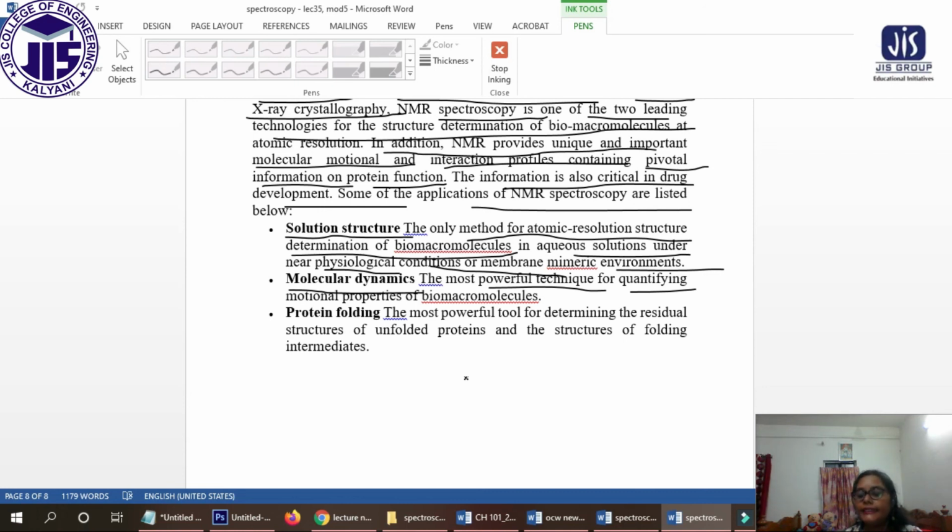Actually this is the region where we get the spectra for all the functional groups. Also you can have questions like: define bathochromic shift, define hypsochromic shift, what do you mean by hypochromic effect?